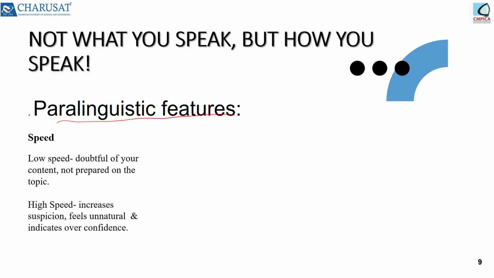So if the person is not taking pauses, if the person is not breathing while speaking, you will get to know it, and you will know that it only comes out of anxiety, it only comes out of fear, it is very unnatural. It might also indicate that the person is very overconfident, right? So it could be both. It could increase suspicions, anxiety, feel unnatural, but at the same point of time, out of all the fears, it could be towards the other point of extreme.